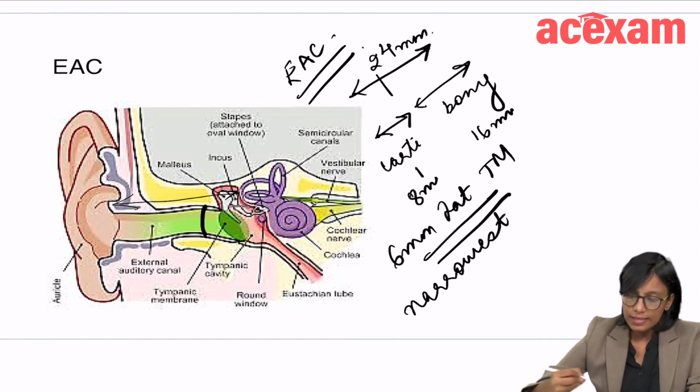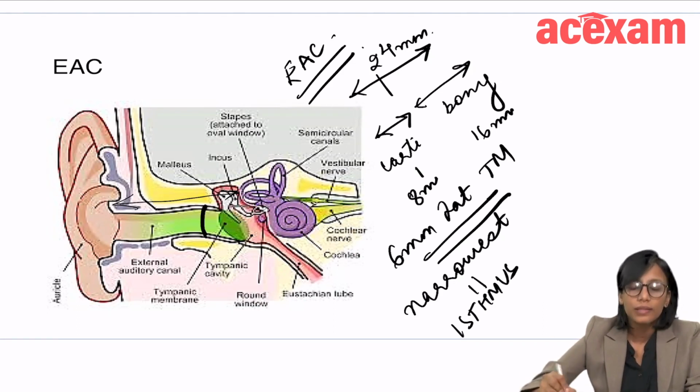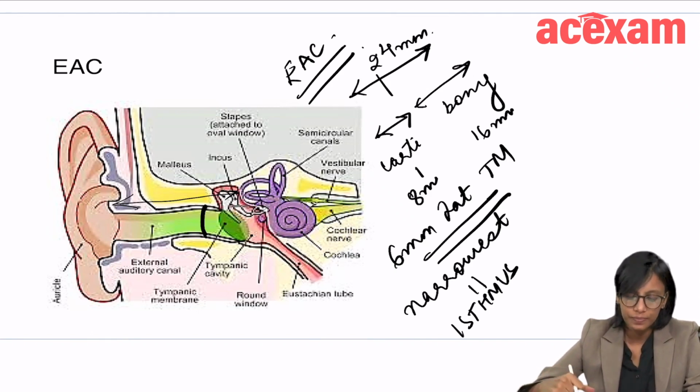This narrow place is known as the isthmus. So what is the significance of the isthmus? Whenever there is a foreign body, say a patient puts in a bead or anything, this foreign body is most likely to go and get stuck at the isthmus, right?